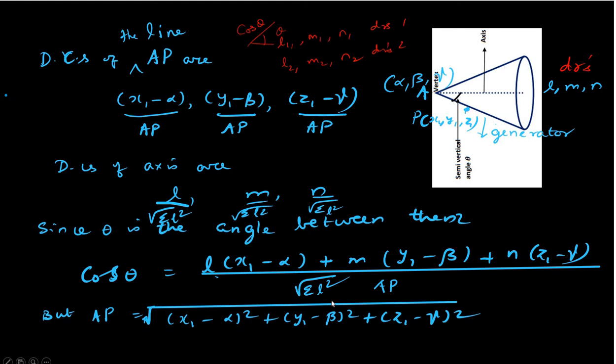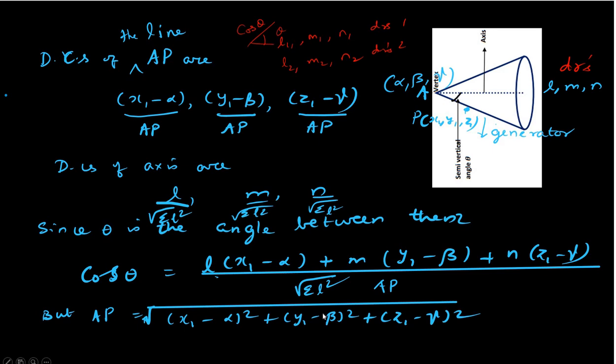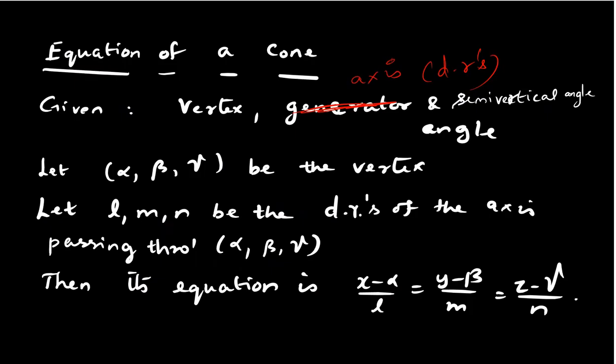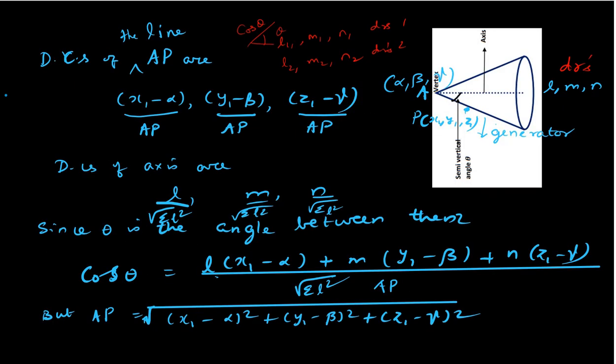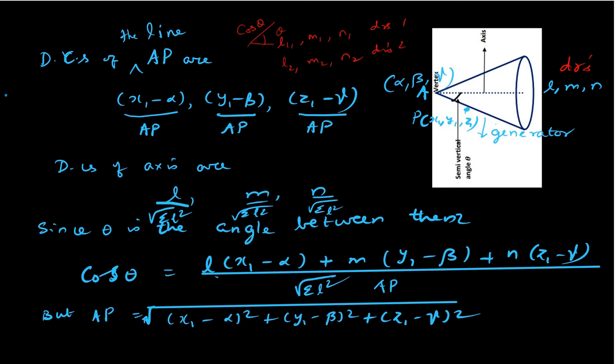So you have the product. AP, we use the distance formula, and using it this is what we get. So this is equation 1 and this one is equation 2.